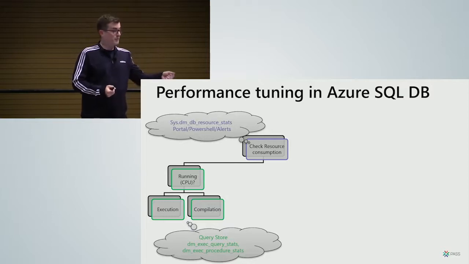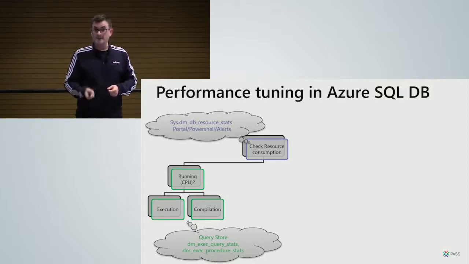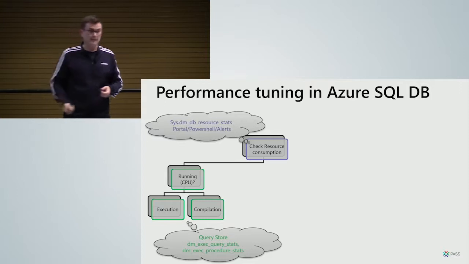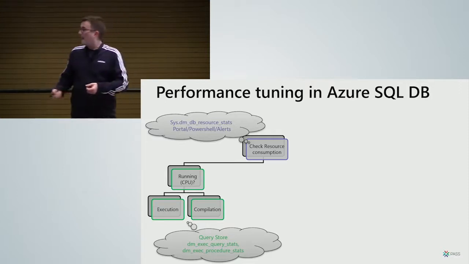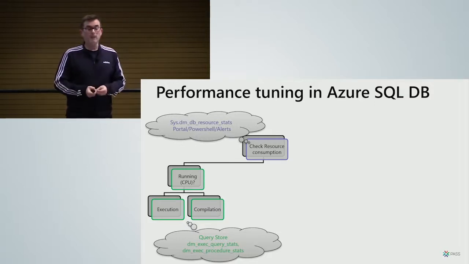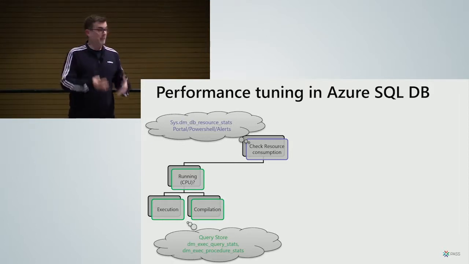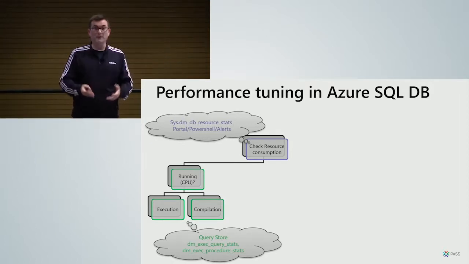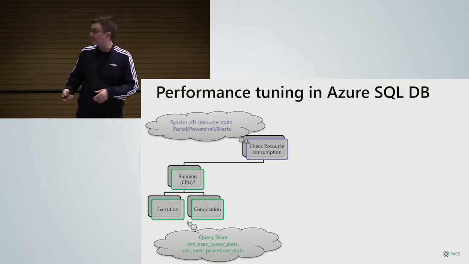You can see both history and current running requests, sys.dm_exec_requests, sys.dm_exec_query_stats. And by the way, the query store experience, again, in cloud, it's turned on by default. So unless you turned it off, this will be there for some basic telemetry that you can then go through and say, oh, okay, who are the big consumers?